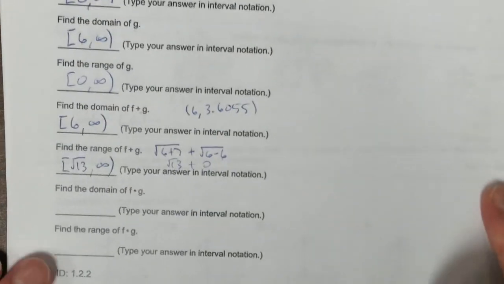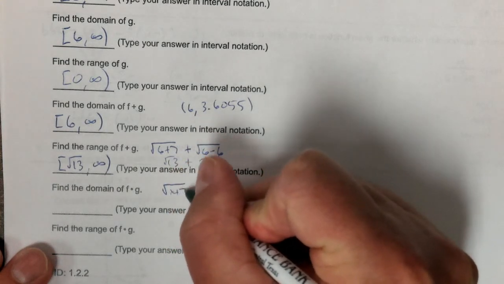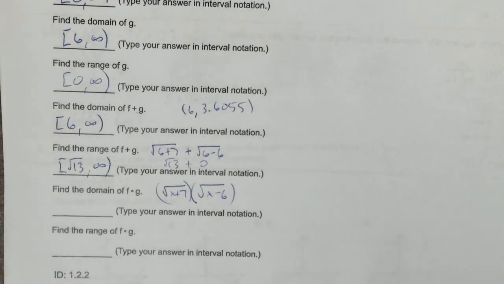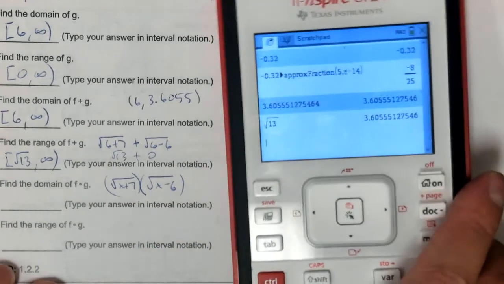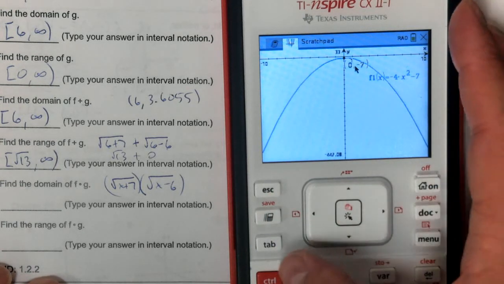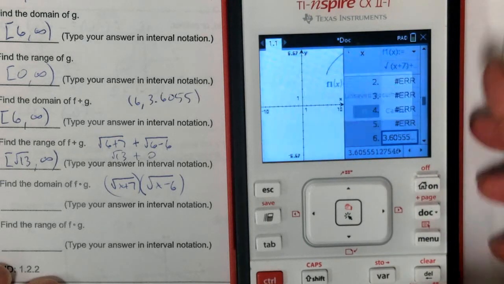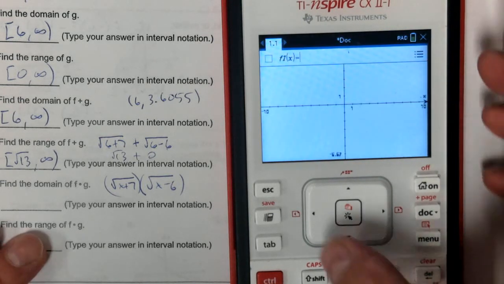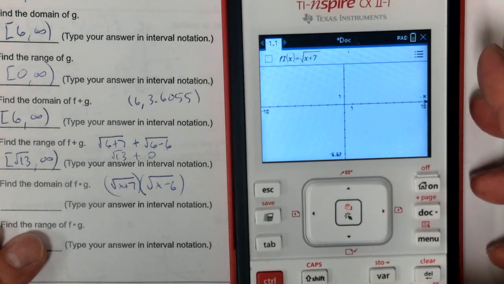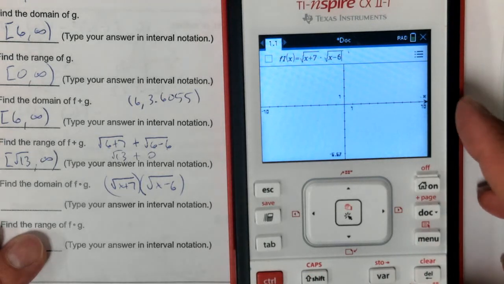On the next one we have times, and so we're basically doing square root of x plus 7 times square root of x minus 6.